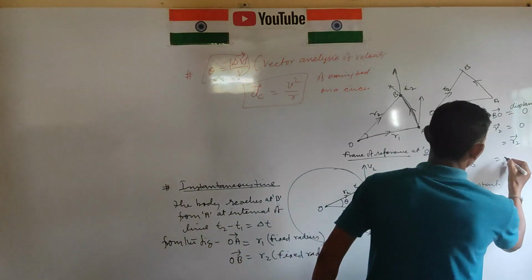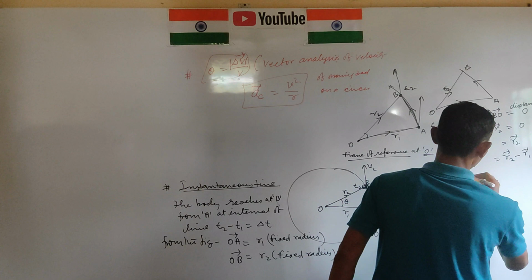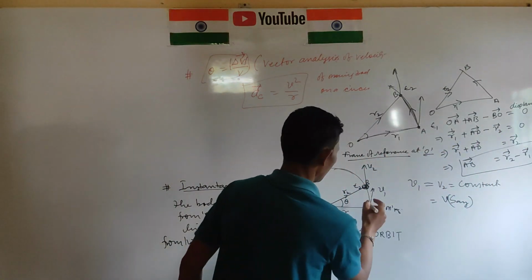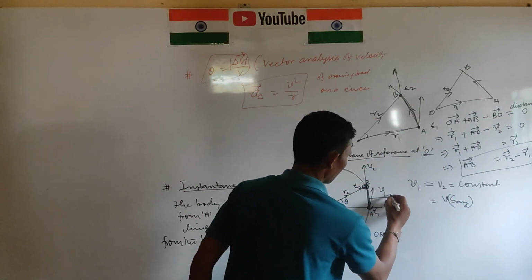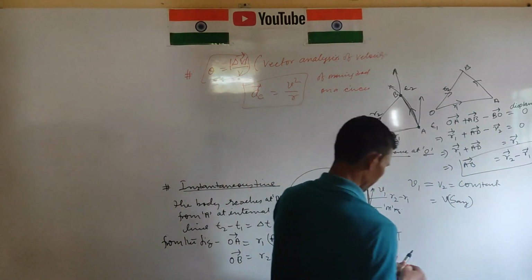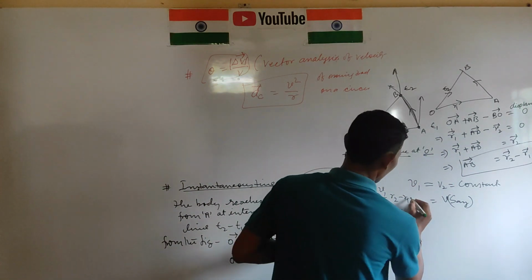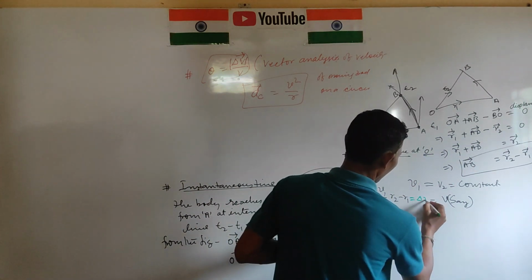So here R2, R1, and this is the displacement, R2 minus R1, that is called delta R.